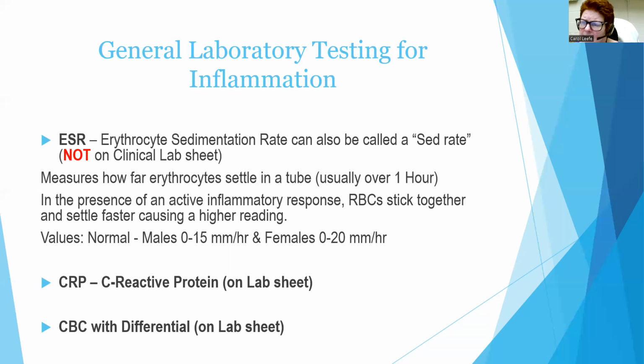Well, those are really close. So just know that for the general population, males and females, if it's over 20 millimeters per hour, then that denotes inflammation. Okay. Your testing is, I am not going to give you something that says 16 millimeters per hour. Okay. You're going to be able to tell.